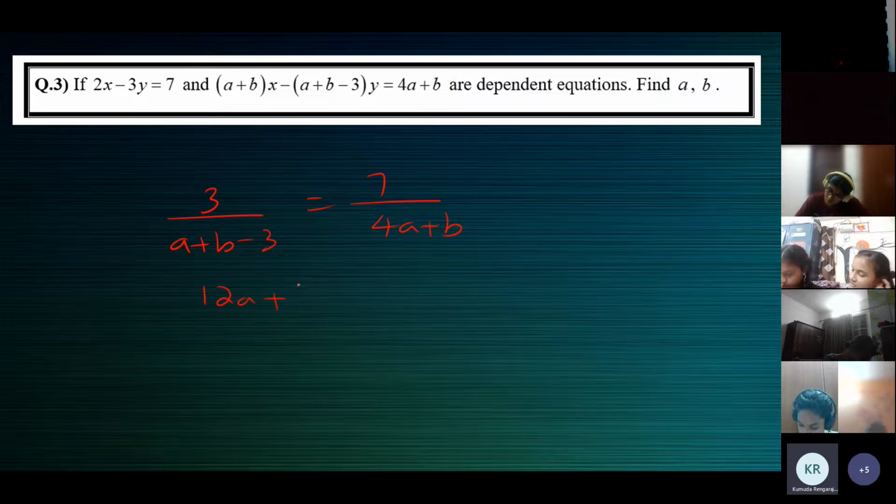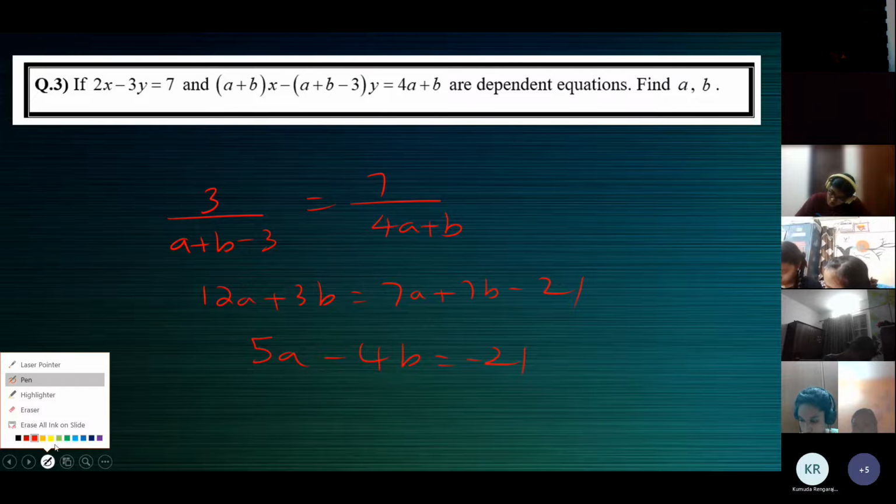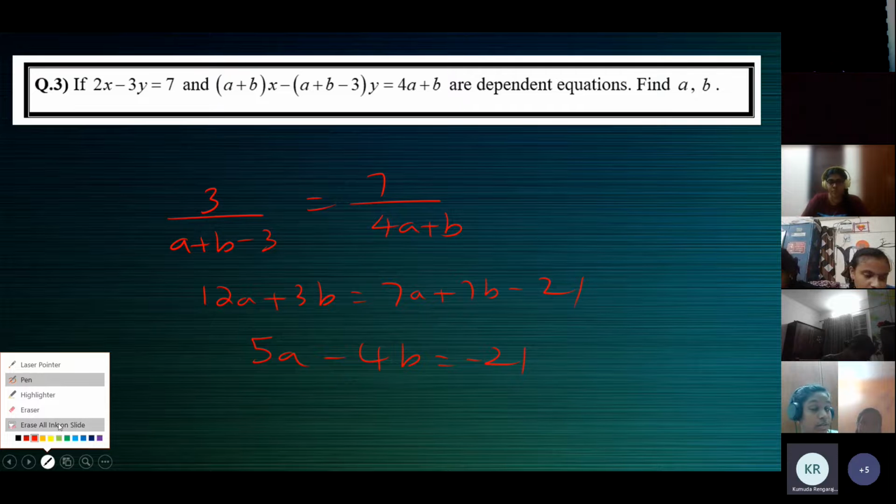So 12A plus 3B is equal to 7A plus 7B minus 21. What did you say? 5A minus 4B is equal to minus 21. Did you say this? Yes, ma'am. Okay, very good. Because when you equate different ratios, you get different equations. Okay, but the values of A and B will be the same.